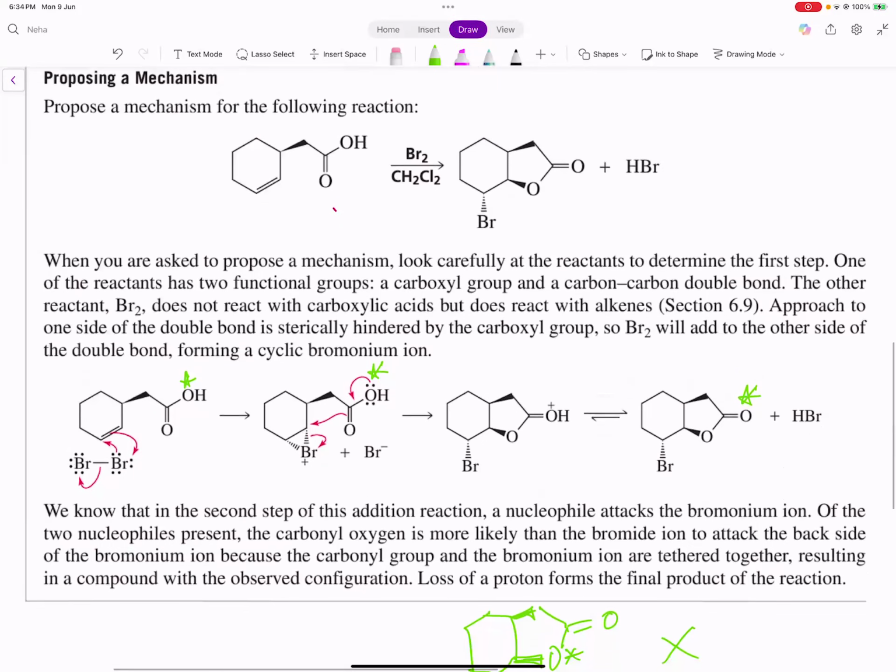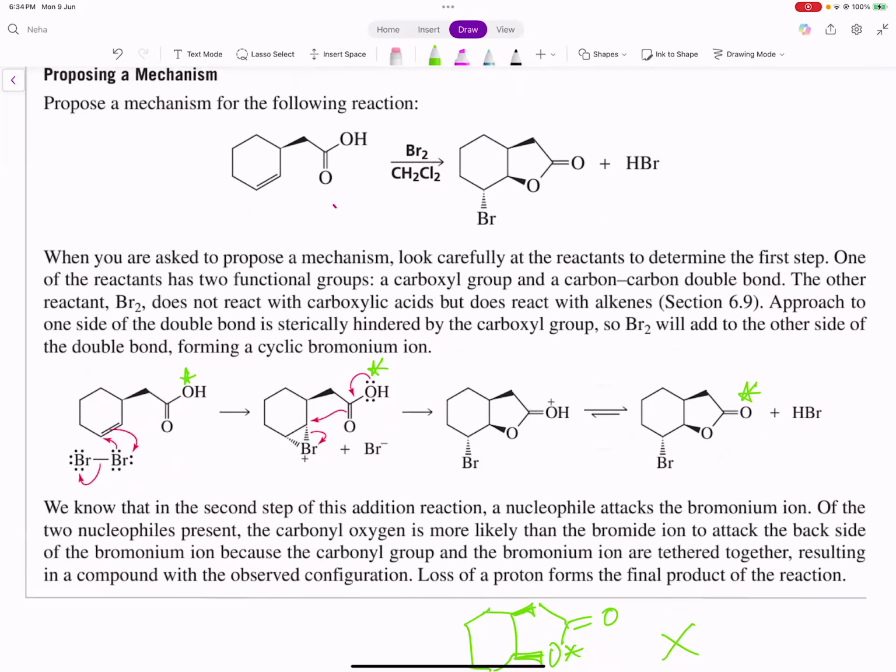Knowing what it is called is not important, but it's a very popular reaction, and after that the bromine is removed. There are methods where we can remove the bromine, so we'll get a cyclic ester. A very nice way to form a cyclic ester. So this was another.